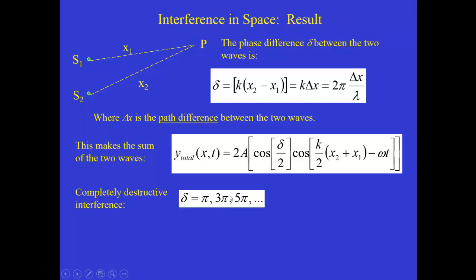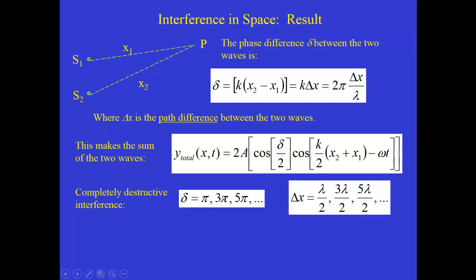Now let's express this going back to the definition of delta up here. If delta is 2 pi delta x over lambda, for each of these values of delta, I can solve for the path difference, delta x. So for example, if delta is equal to pi, right, then delta x will be equal to lambda over 2, just solving that equation for delta x. If delta is 3 pi, then delta x is 3 lambda over 2, and so on.